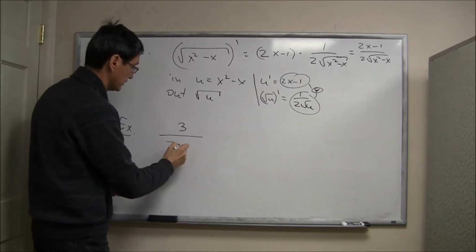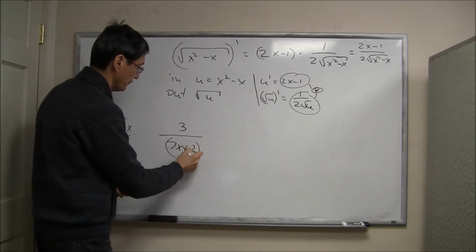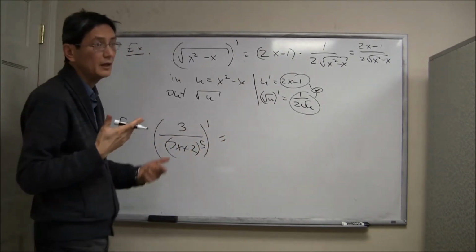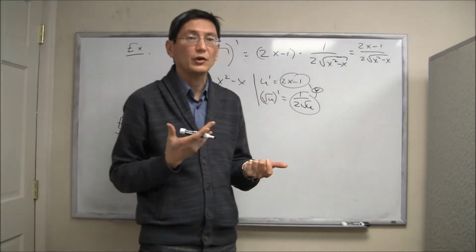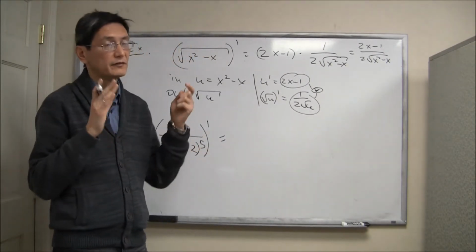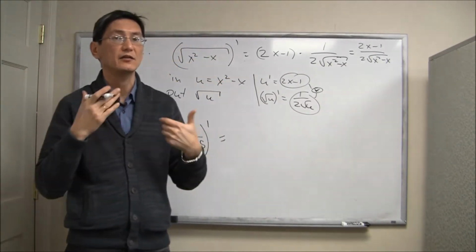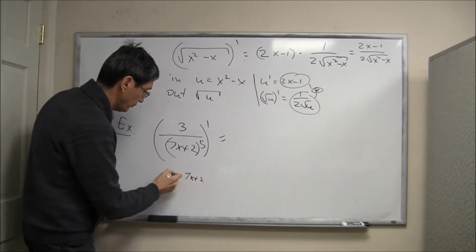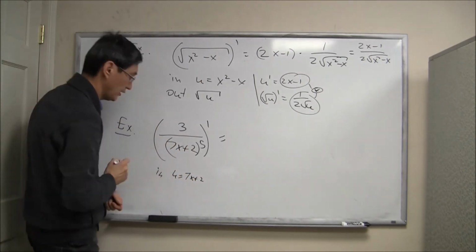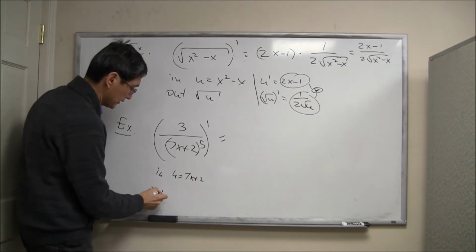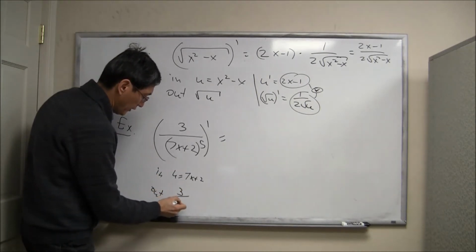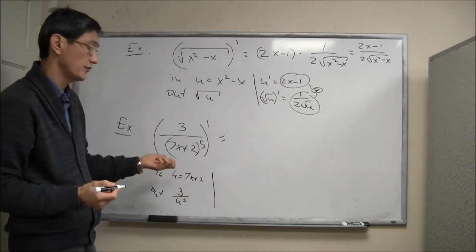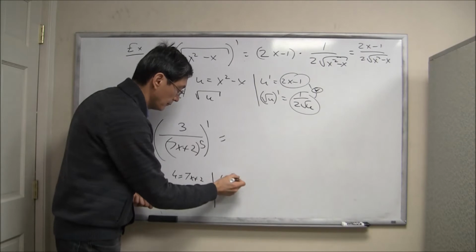3 divided by 7x plus 2 to the 5th, and we want to take the derivative of that. We want to do the chain rule, and usually whatever expression is in parentheses is a good candidate for our inside function. So here we have 7x plus 2 in parentheses, so that is a good candidate for the inside, and the outside is going to be 3 over u to the 5. The derivative of the inside is easy: the derivative of 7x plus 2 is 7.